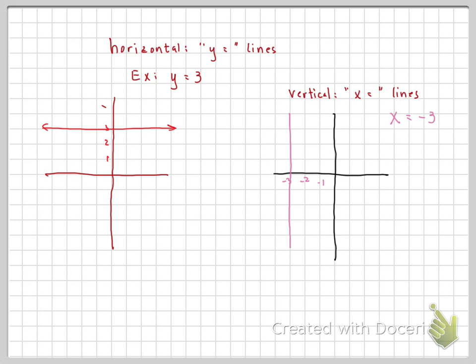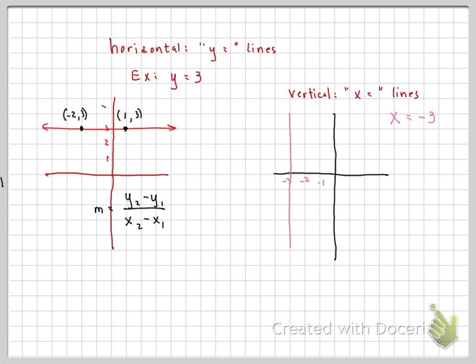And let's review what those slopes are. Okay, remember, using the slope formula. I'm going to pick a point here and I'm going to pick a point here. The coordinates of this point are -2, 3, and the point here is 1, 3. So my slope formula, y2 minus y1 over x2 minus x1.